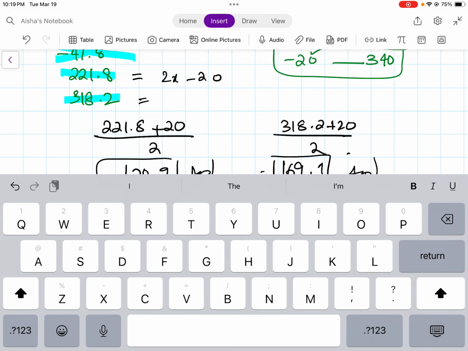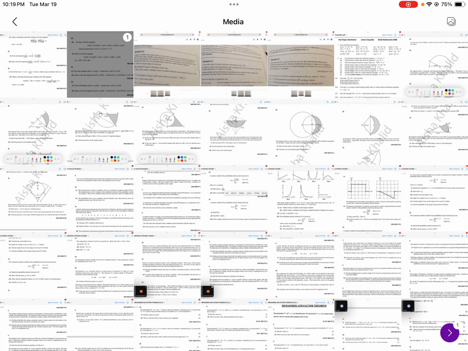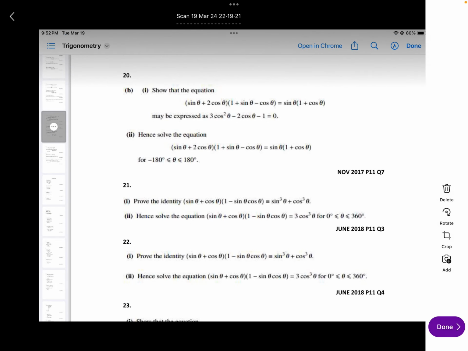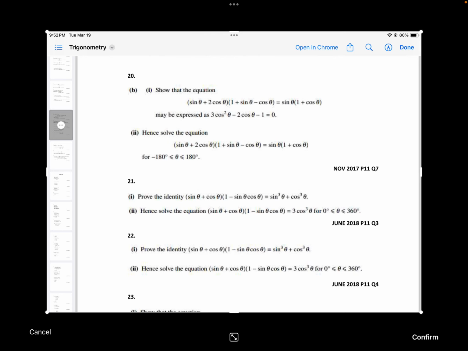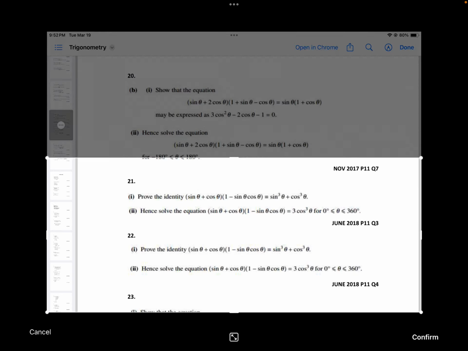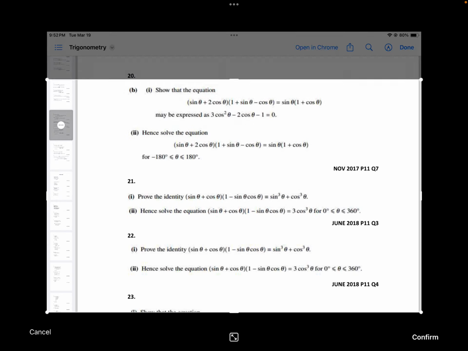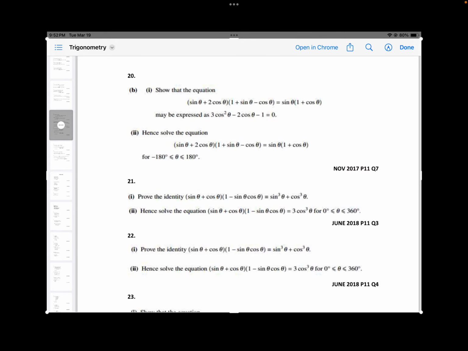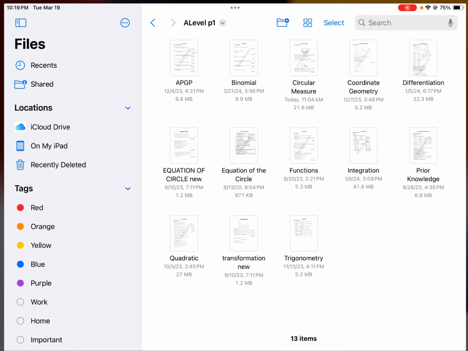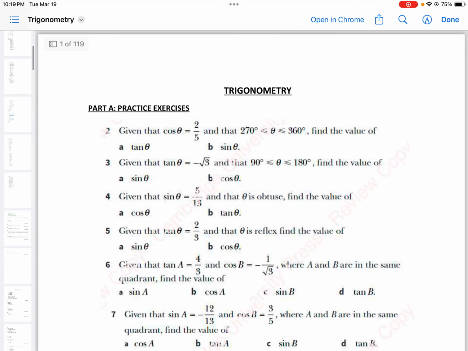Okay. So I've covered the change of range concept using a question. Okay, let's take out another question.